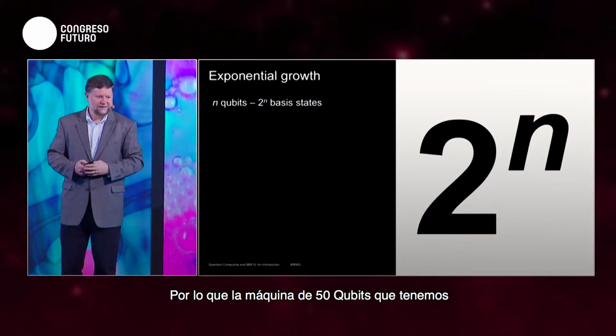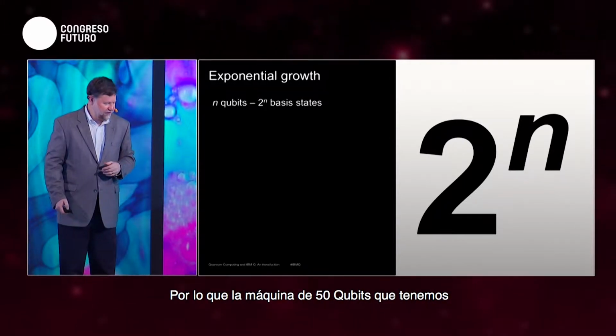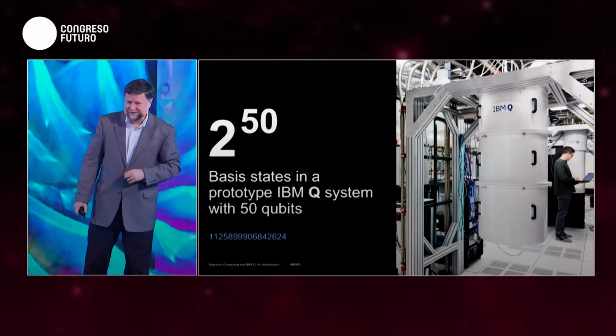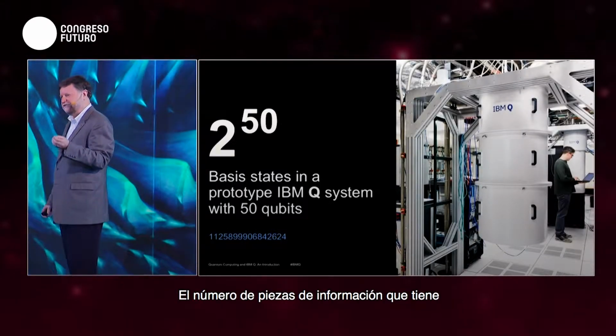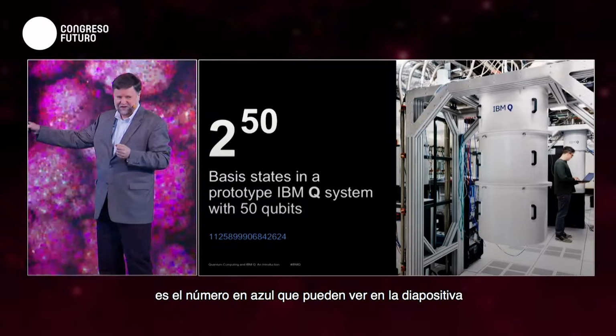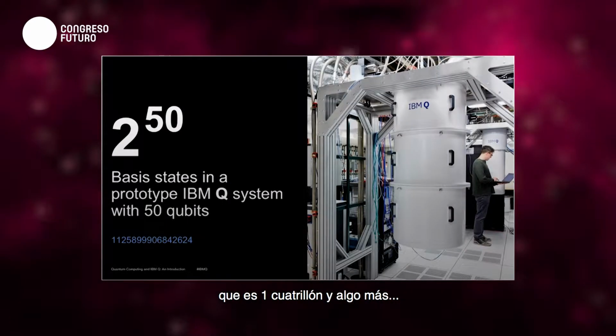So that 50 qubit machine that we have, the number of pieces of information it has is that number, which is 1 quadrillion something. I have stopped trying to remember what it's called. It's a very large number, and that is a picture of a real IBM quantum computer.